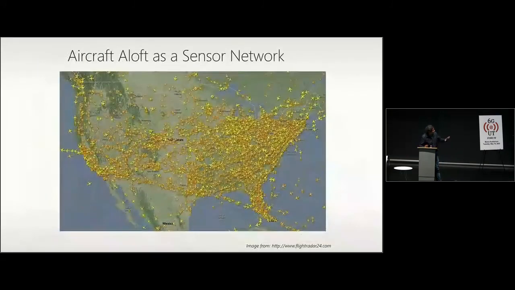So this is a pervasive sensing network that already exists, right? Right now, if you go to flightaware.com, you'll see probably 20,000 airplanes all over the world. And the great thing is that we have created infrastructure. So for instance, there is something called the FAA ASD feed, where you can query the status for each of these aircraft.